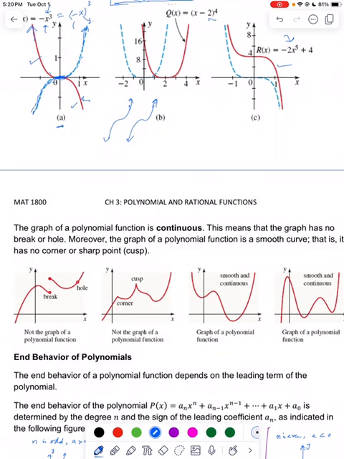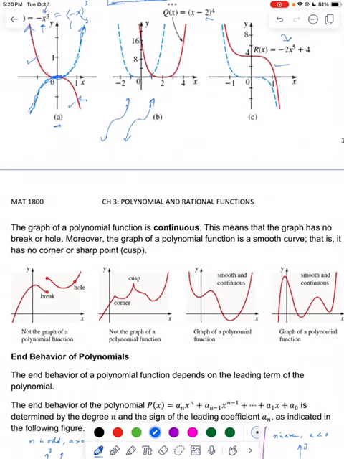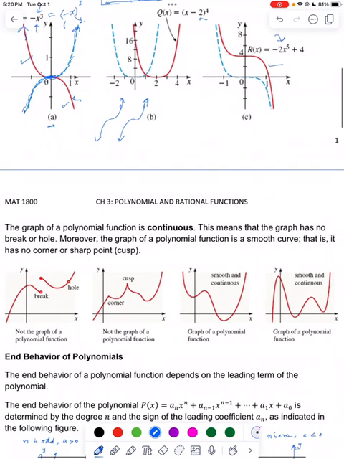That is, it has no corners or sharp points or cusps. What are cusps? Something like this. If you ever noticed a water pipe in your lawn, sometimes if it stays out for a long time, the heat makes it do this, so the water gets kind of stuck and doesn't flow out. So this is called a cusp.